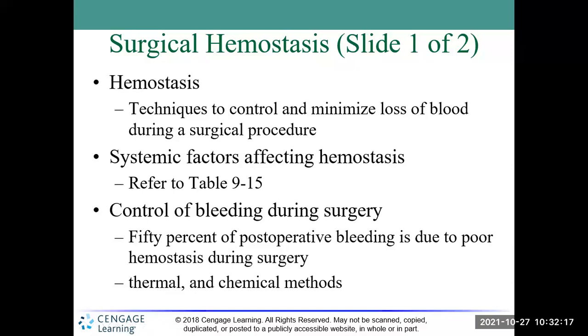And then, of course, in about 50% of people in post-op where bleeding occurs, that is usually related back to poor hemostasis during the procedure. So you want to make sure that you are helping by anticipating what's going on, being prepared to assist with the hemostasis, either by technique or by the medication.